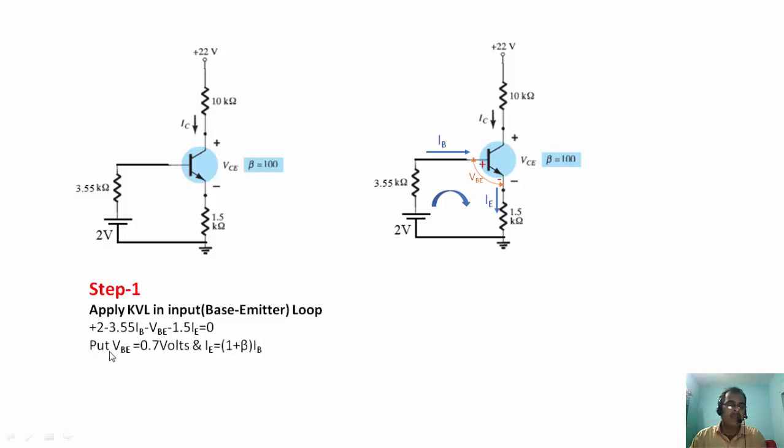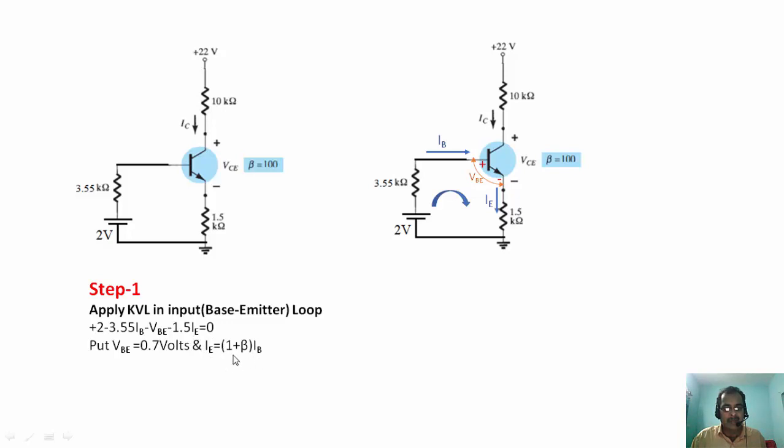Now we have to put the value of VBE and IE. As we know, from input loop we always find IB. In this equation there are two currents, IB and IE. So we have to replace IE in terms of IB.